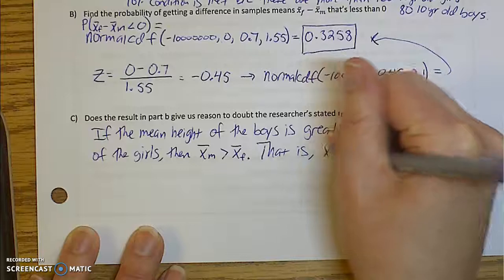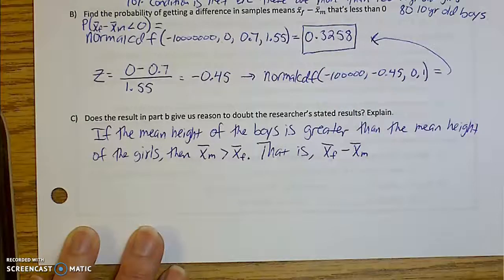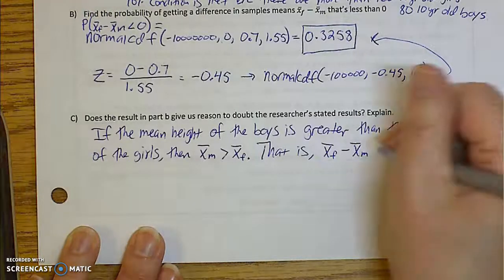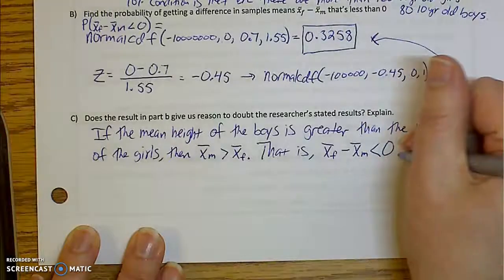AKA, when you subtract the mean of the females minus the mean of the males, you would get a number smaller than 0. It would be negative. Okay.